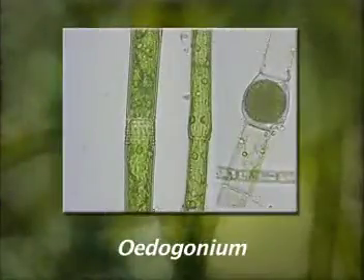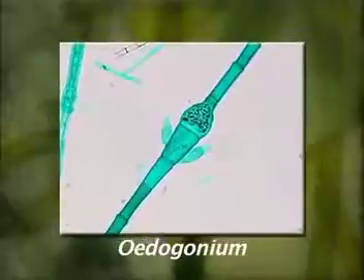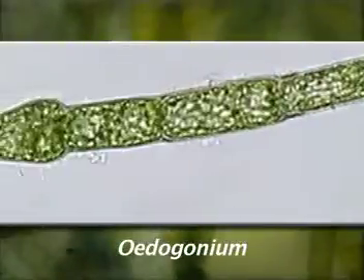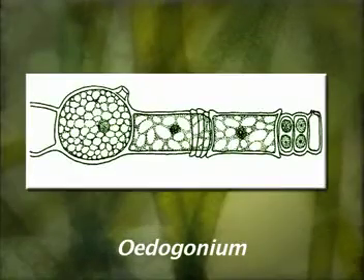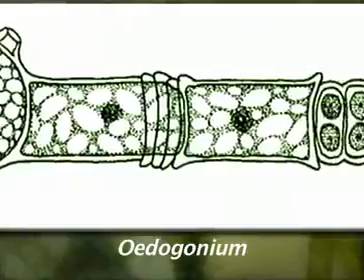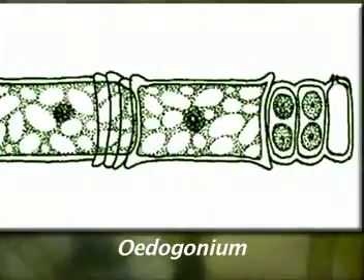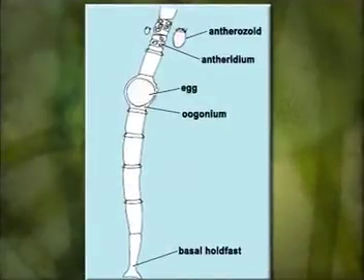It shows apical basal polarity. The thallus is a long unbranched filament. This alga has a rhizoidal cell for attachment. The filament consists of green vegetative cells which are photosynthetic, cap cells for cell division, and antheridia and oogonia for reproduction.